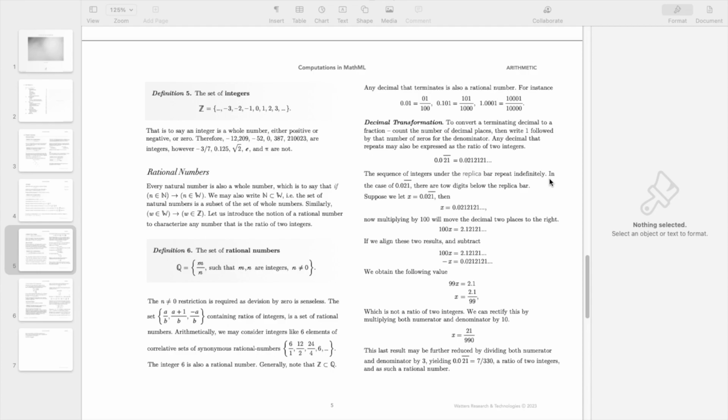All right, moving along, any decimal that terminates is also a rational number.